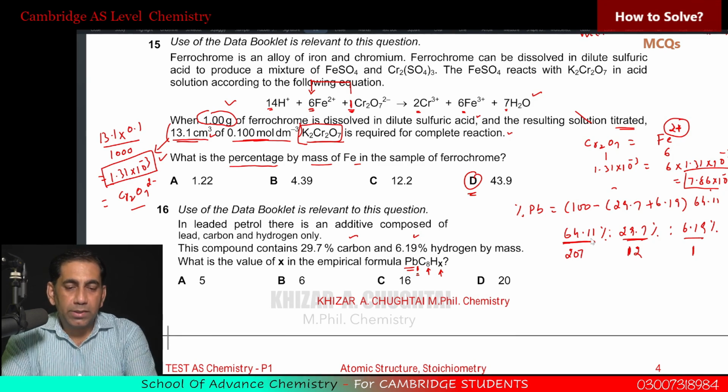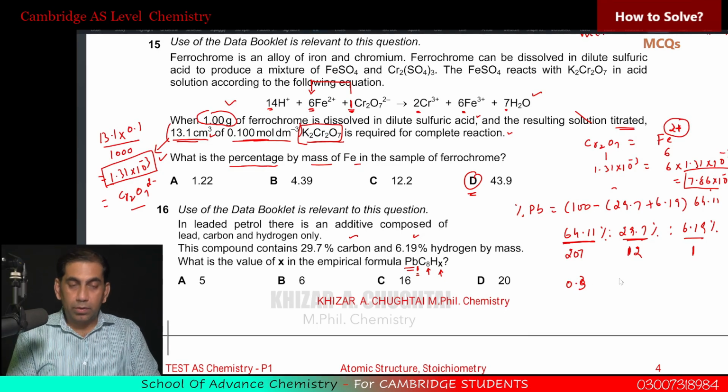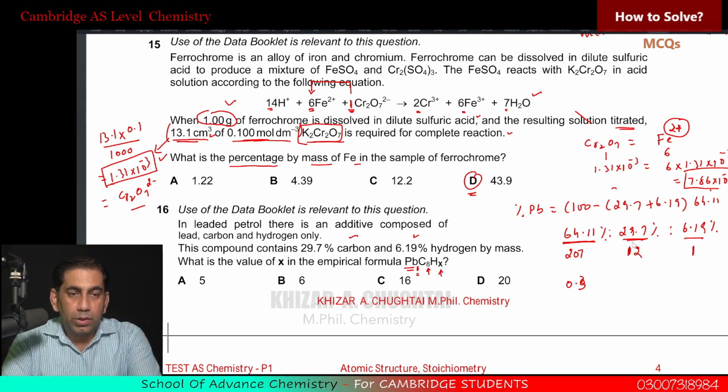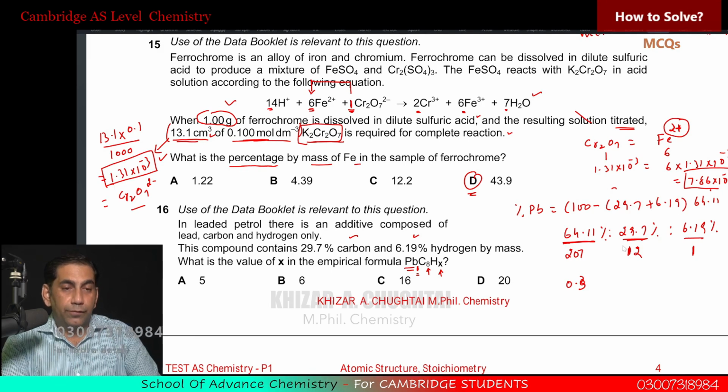So what will be the answer? 64.11 divided by 207 is equal to 0.3, so 0.3. And 29.7 divided by 12, the answer is 2.475.